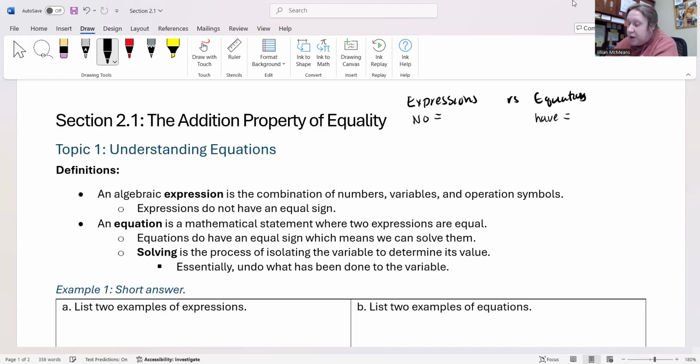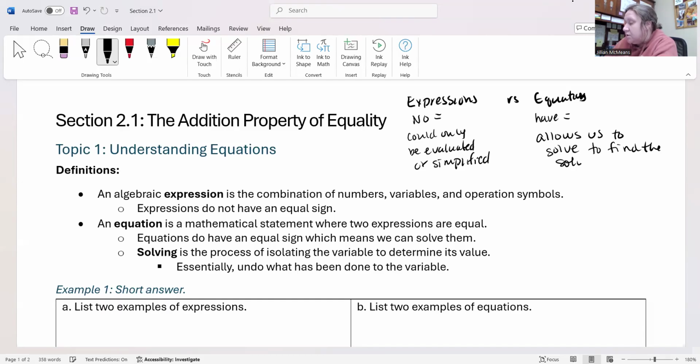Expressions could only be evaluated or simplified. But because of that equal sign with equations, that allows us to solve. We can get a solution to an equation. So this allows us to solve, to find the solution to the equation.